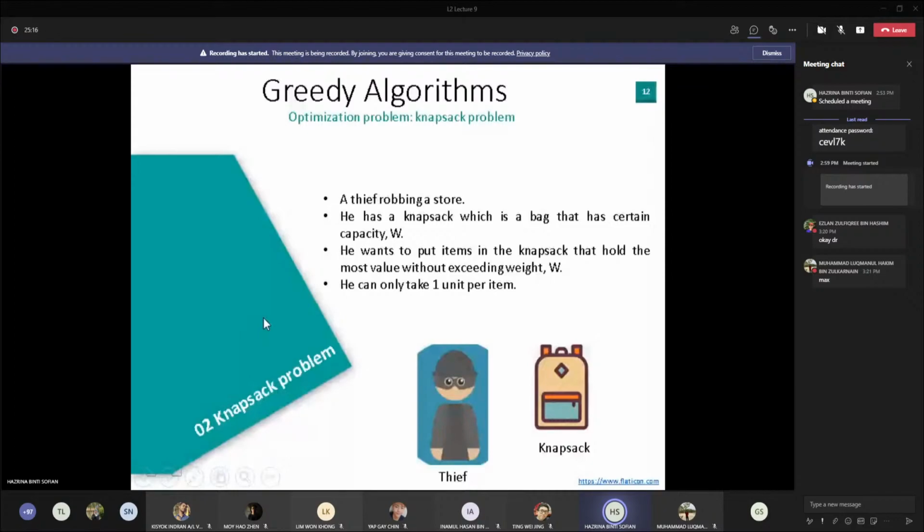So being greedy, he wants to hold the most value. He wants to steal the most valuable items in the store. So right now in this lecture, we are trying to help this thief identify which items he needs to steal.